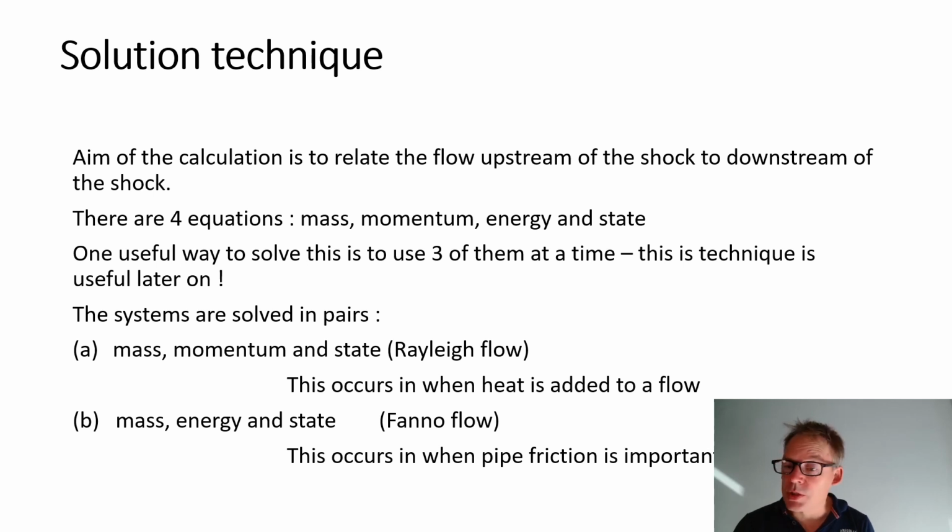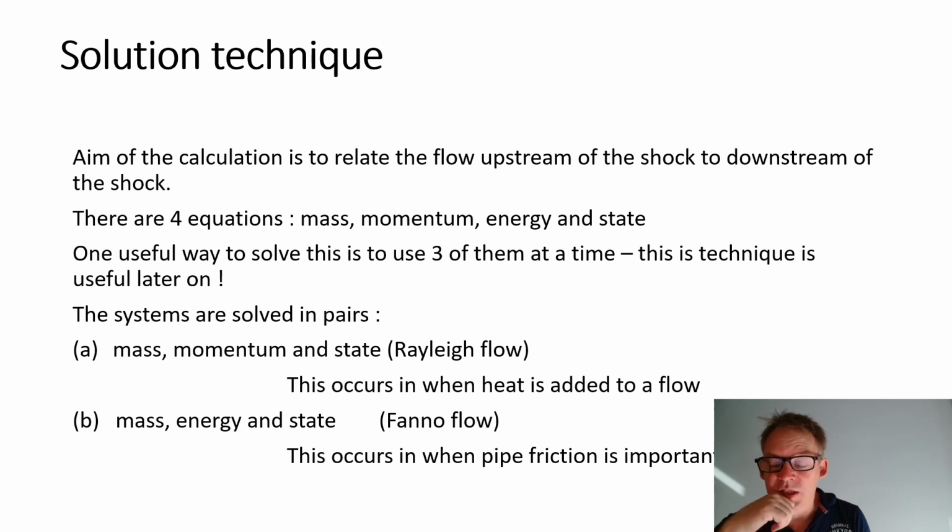So we have these 4 equations. You could solve 3 of the equations: mass, momentum, and state, and separately mass, energy, and state, and then combine those 2 systems, A and B, to find the solution. And indeed, that's what we're going to do. If you solve mass, momentum, and state, it's what we call a Rayleigh flow.